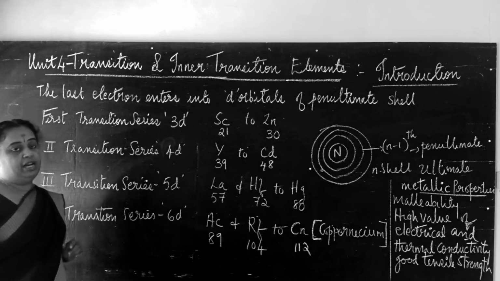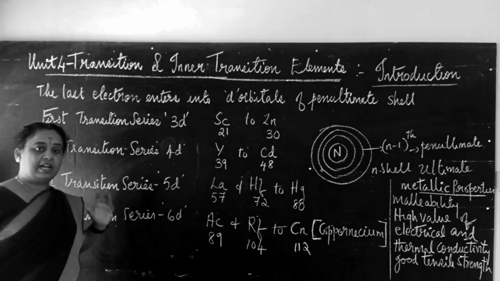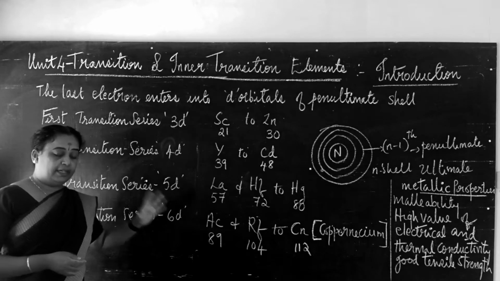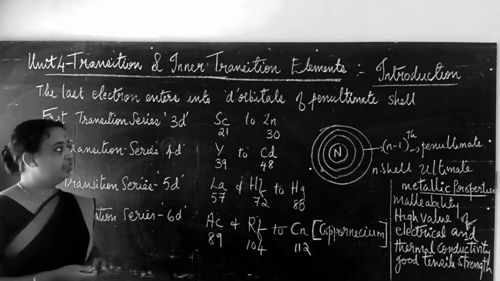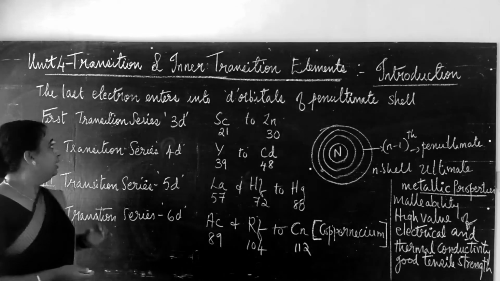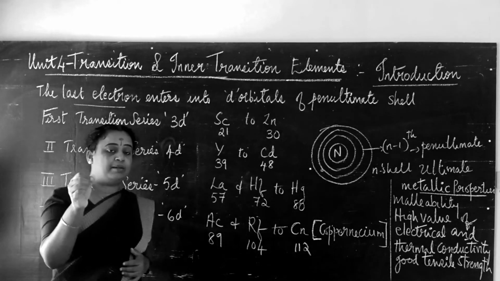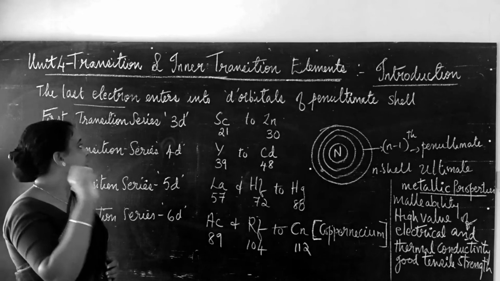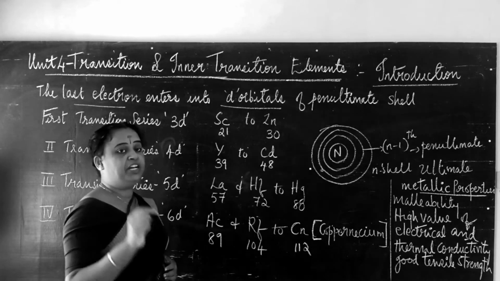In D block elements, we call them transition elements because the d subshell is incomplete, right? Now in D block elements, the last electron of the atoms will always enter into the d orbitals of the penultimate shell.